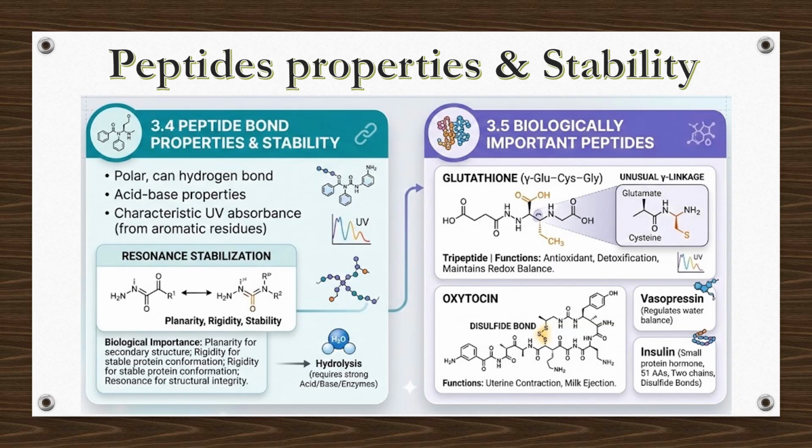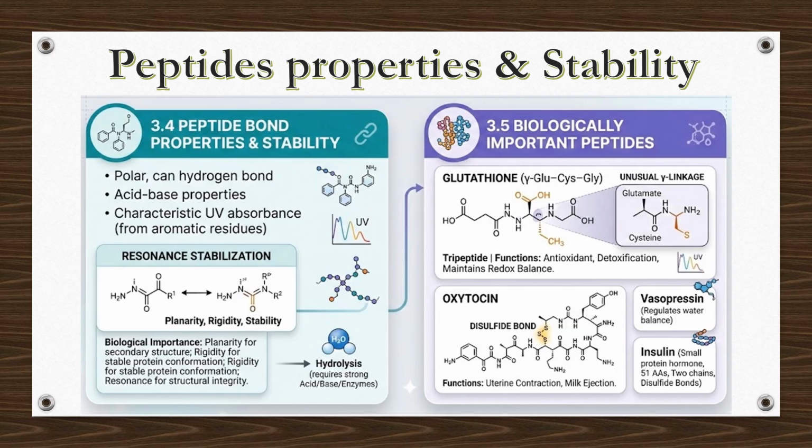Several small peptides illustrate how even short chains can have profound biological roles. Glutathione, for instance, is a tripeptide of glutamate, cysteine, and glycine, and is a major antioxidant.